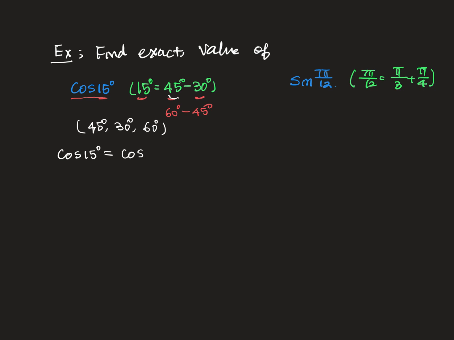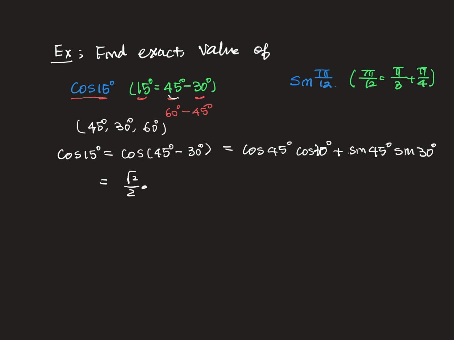Cosine 15 is cosine of 45 minus 30. Using the formula, cosine 45 cosine 30 plus sine 45 sine 30. Okay, you find it. Cosine 45 is what? That's square root 2 over 2.